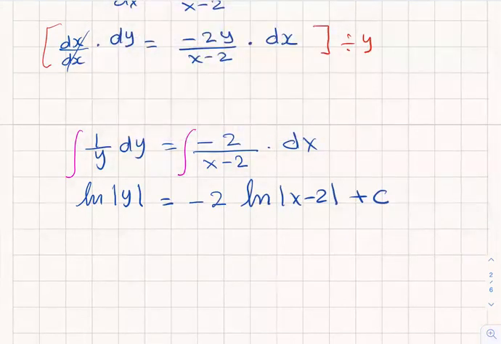We can write this as minus 2 integration. You can put the minus 2 outside, and the integral of 1 over x minus 2 dx. And the integral of 1 over x minus 2 becomes ln x minus 2 plus c. So this is just for you to explain, if that will help.